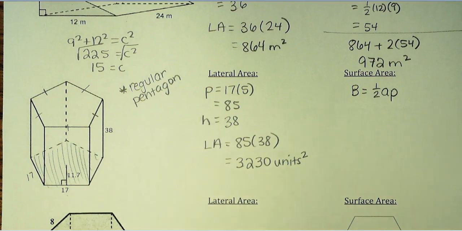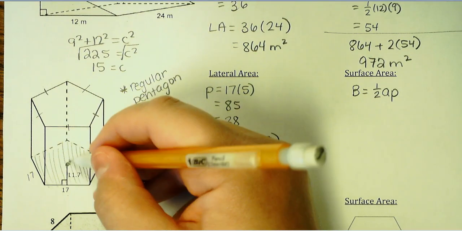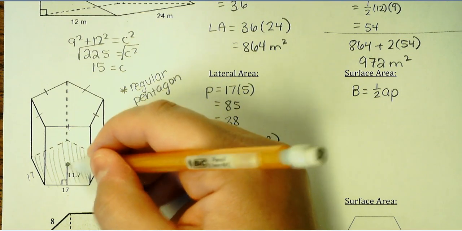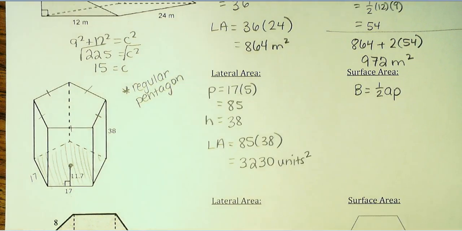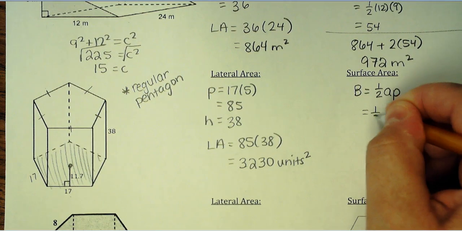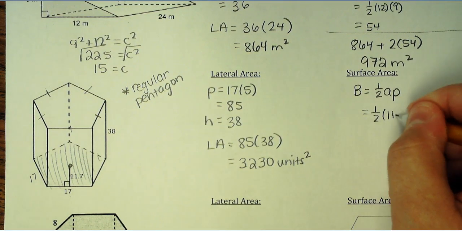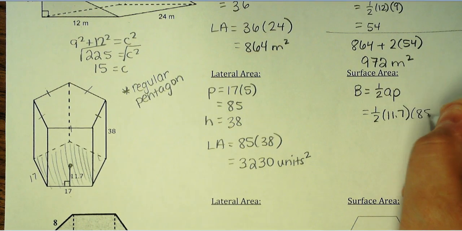Now, the apothem comes from the center of the figure to any of the sides here. In this case, it's coming to this side at a 90-degree angle. So they are giving you the apothem in the directions, or in the picture here. So this is going to be this 11.7. Now, I already found the perimeter of that pentagon over here, so I don't have to do any more work. I just have to sub this in.